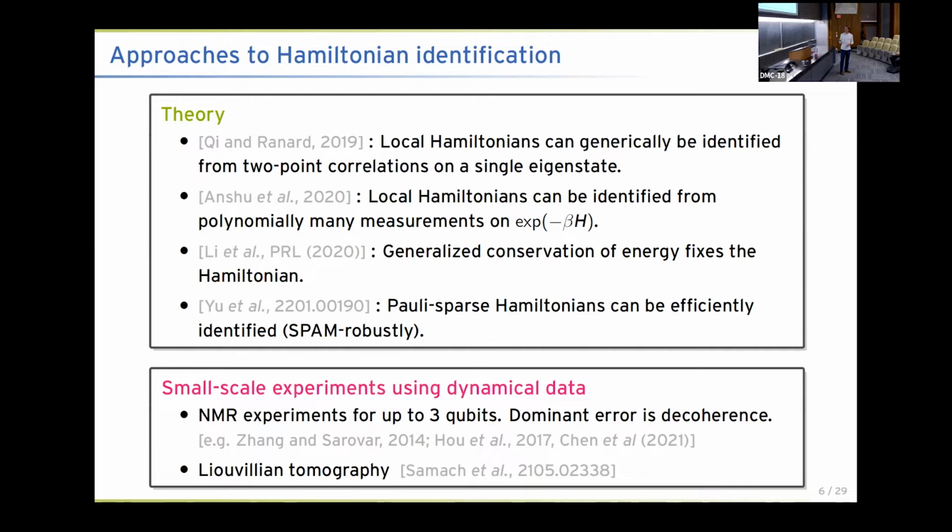So in these NMR experiments, the dominant source of error is decoherence. And this contrasts with what we actually see in this superconducting qubit processor in the end. And then there's also very nice work by Samak and others who've done Liouvillean tomography. So they basically try to do nothing for some time and then see what are the sources of errors in their system. Markovian errors.